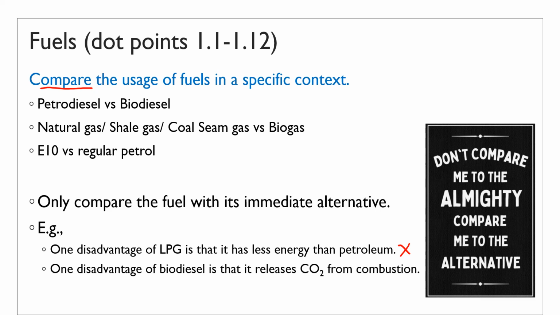It's just not the best answer. I wouldn't pay it either because it's like stating the obvious. This is only a disadvantage if you are comparing it against a fuel that does not release carbon dioxide from combustion or does not release carbon dioxide during its usage, which, fun fact, we actually will talk about later, but until then, don't just bring this up, okay?